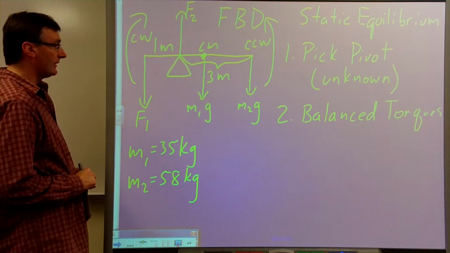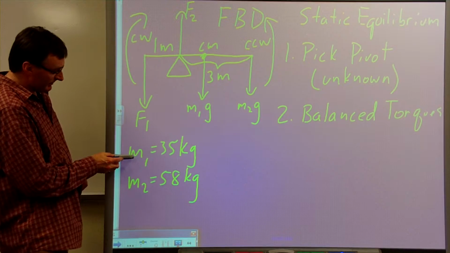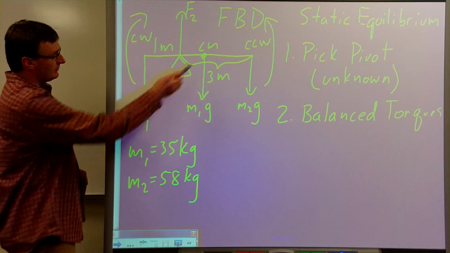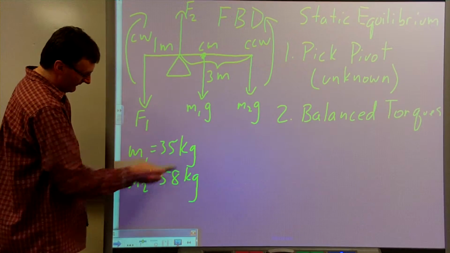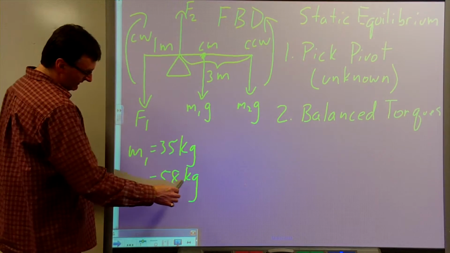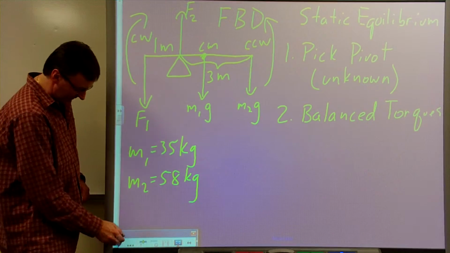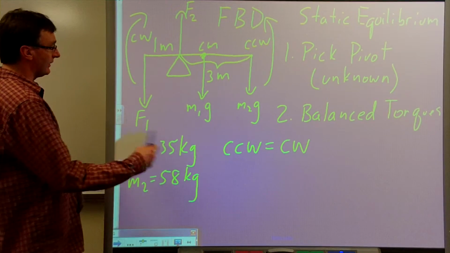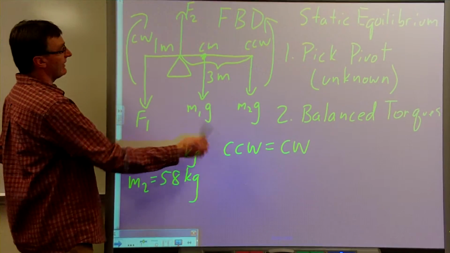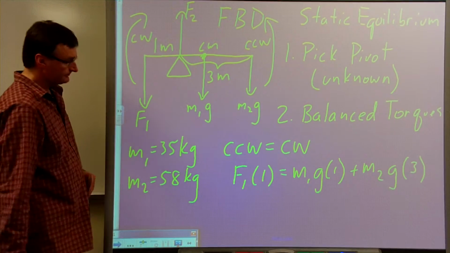So we can write our balanced torques now. We'll assign some masses to these. We'll make M1, the diving board, 35 kilograms, and M2, the diver standing on the end here, we'll make her 58 kilograms. Now we can write our torque equation. Our counterclockwise torques have to equal our clockwise torques.